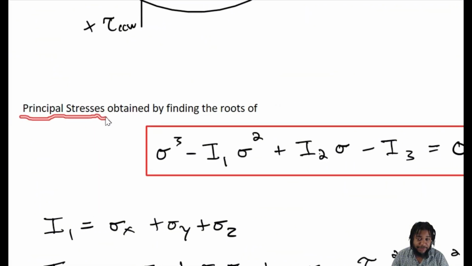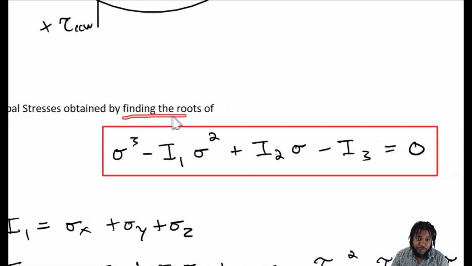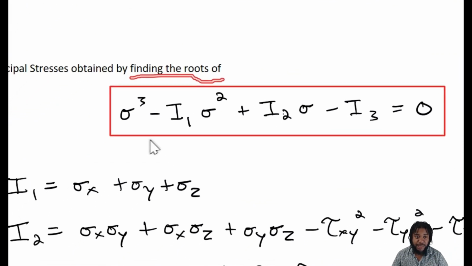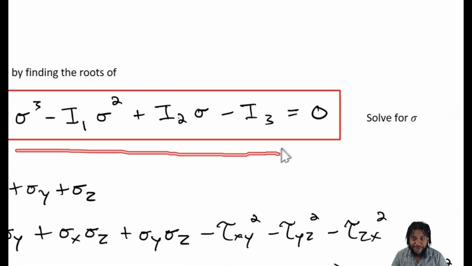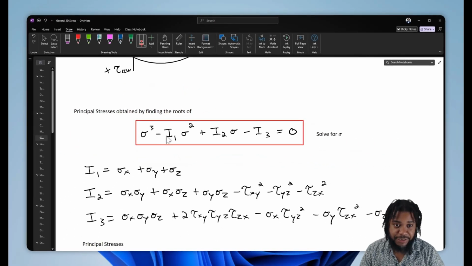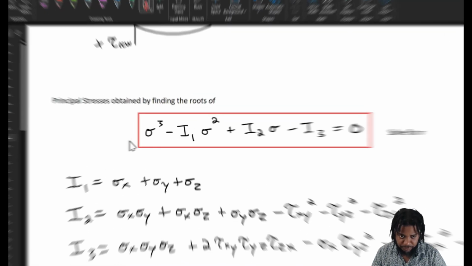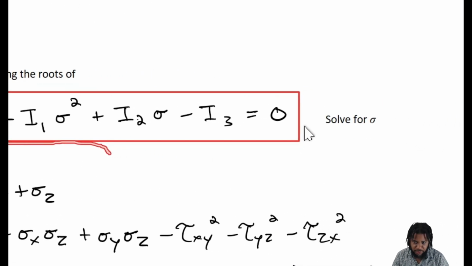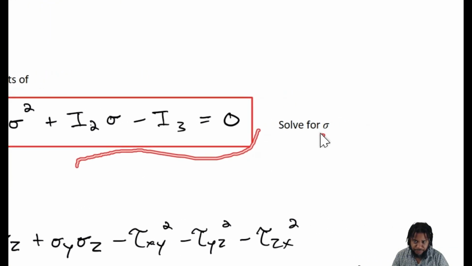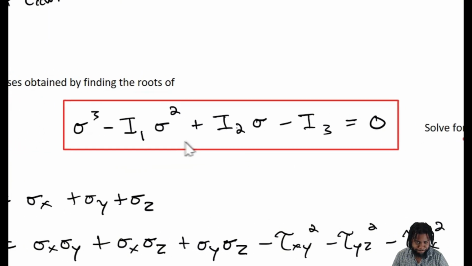Finding the principal stresses, those 3 values, is a root finding exercise where we have a polynomial of stress: sigma cubed minus identity 1 times sigma squared plus identity 2 times sigma minus identity 3 equal to 0, where our goal is to solve this polynomial for the value of sigma.